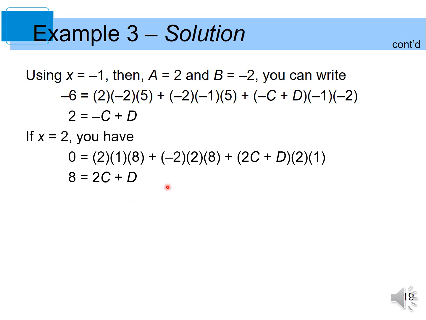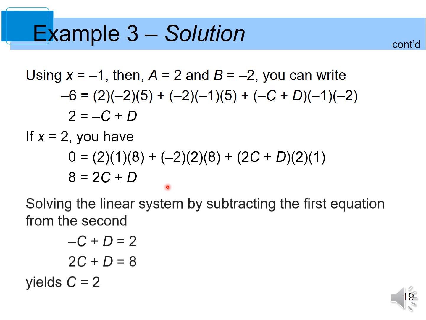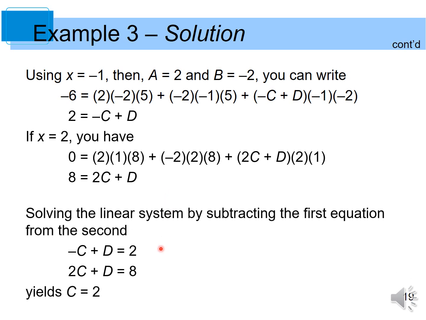Then we solve them simultaneously. We can use either the substitution method or the elimination method. After we get the C value, we can substitute it into any equation to get the D value.